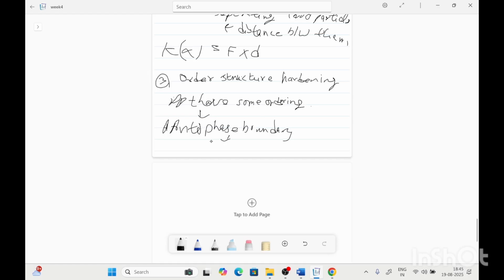This antiphase boundary hinders the motion of dislocation.